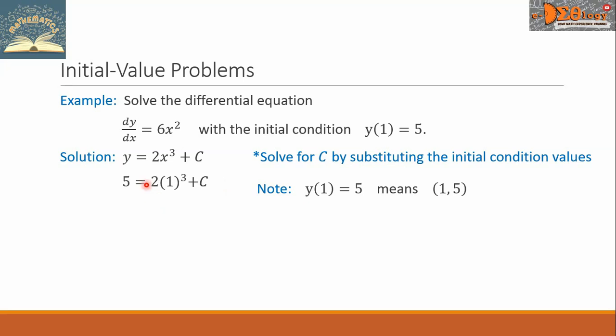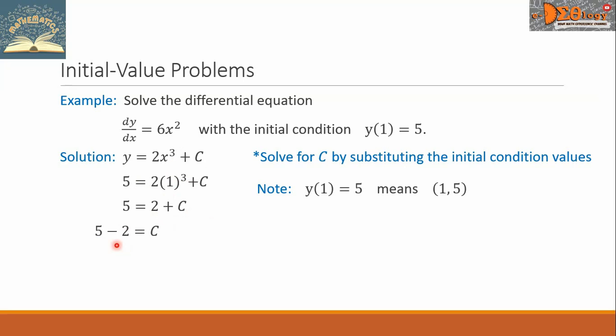So we have now the y becomes 5 equals 2 times the x cubed now becomes 1 cube, then plus c. The 1 cube here is simply 1, and 1 times 2 is 2. So we have this resulting equation. Solving now for c, we transpose 2 to the left side, it becomes minus.